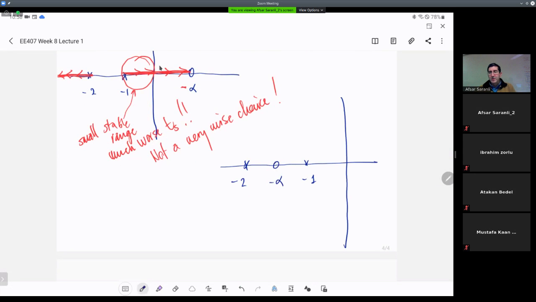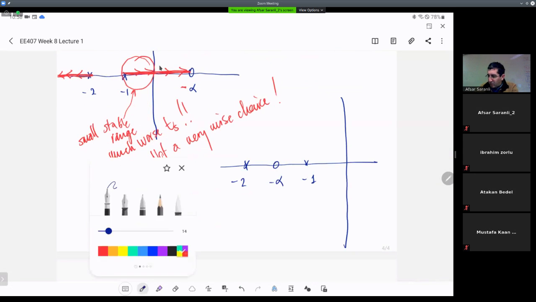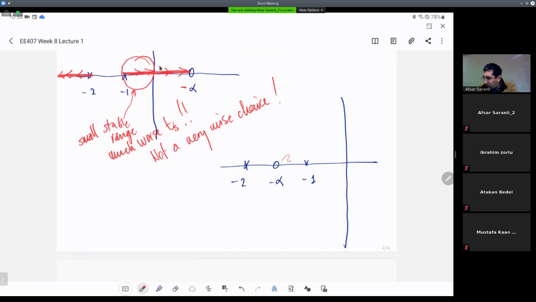Okay, so what's happening is that in a similar way, this region is part of the root locus, and this region is part of the root locus. So you will have this kind of a root locus, right? So all we are squeezed here in this range.